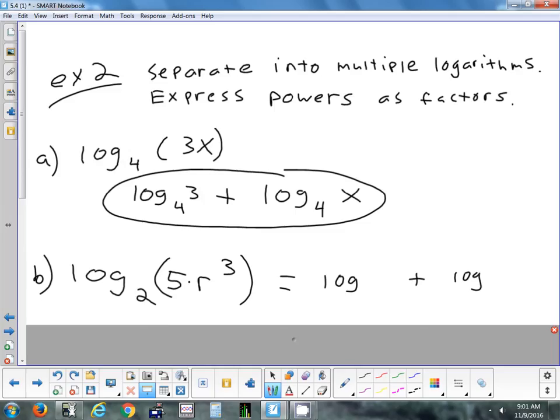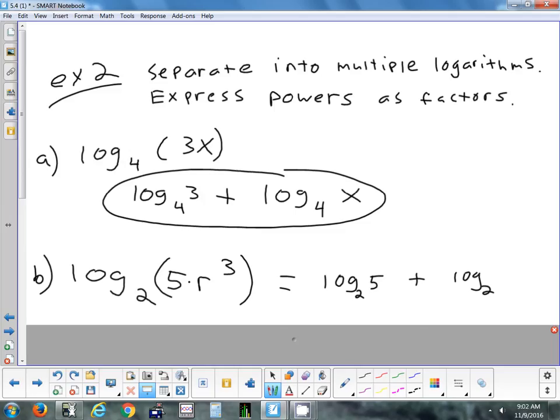So the 5 is going to be good for here. I'm going to come back to the second thing you said, though. Would you write it as? Put something down here. Log 2. Yeah, we've got to have the base of 2. Whatever the base is on the original, that's the base on the split up problem.